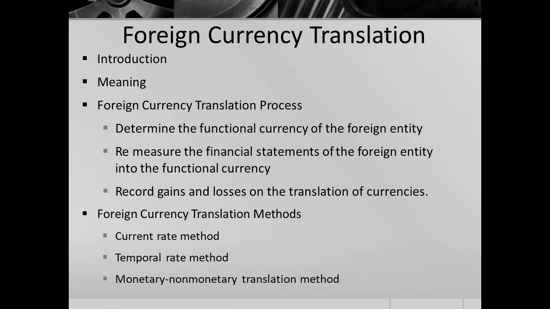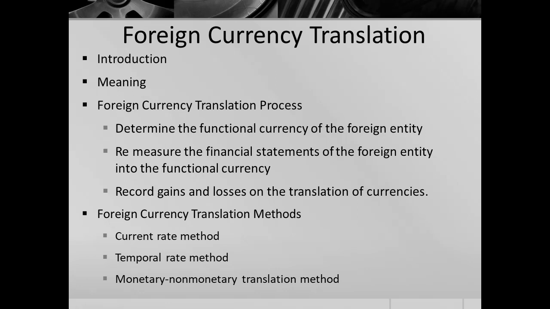The assets and liabilities of a business are translated at the current exchange rate. Since this can lead to volatility associated with the changes, gains and losses associated with the translation are reported in a reserve account instead. So this is the foreign currency translation process.